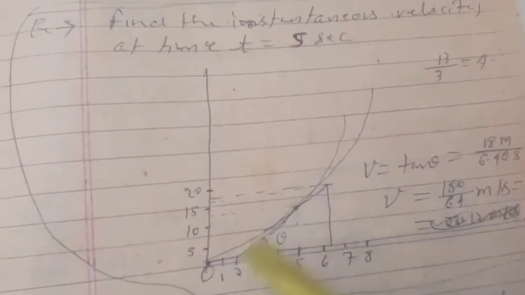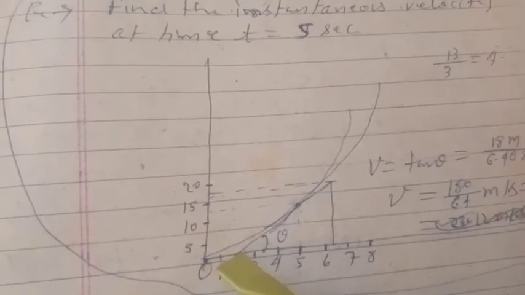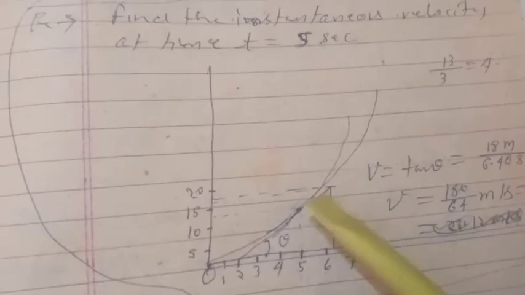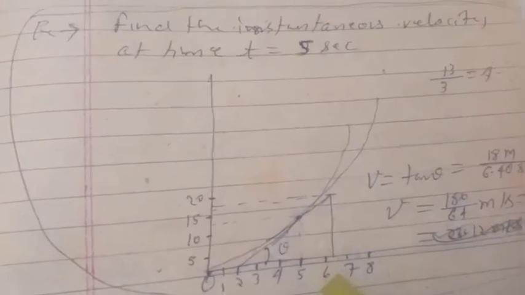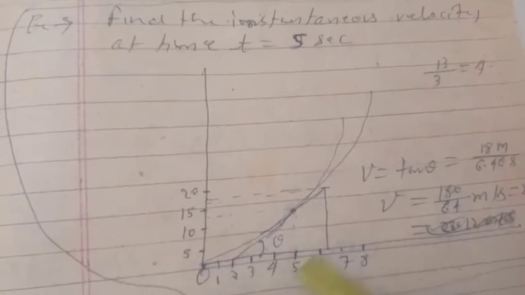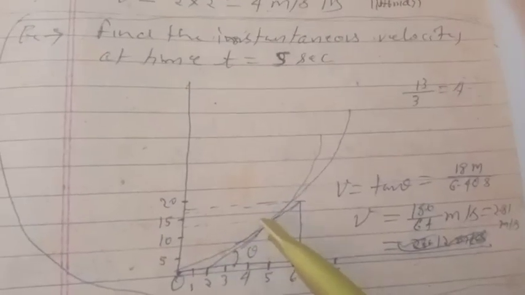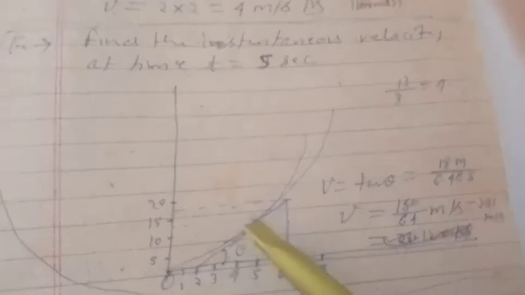The tangent cuts the axis at some point, and from any point on this line we draw a perpendicular to the axis. This will become a triangle. Now calculate tan theta, and that will give the instantaneous velocity at 5 seconds.